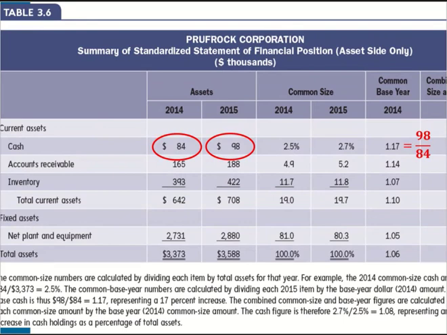we notice that cash increased from 2014 to 2015 from 84 to 98. So if we divide the 2015 number of 98 by the base year number of 84, we get a ratio of 1.17. So what this instantly tells us is that our cash account has grown by 17%.